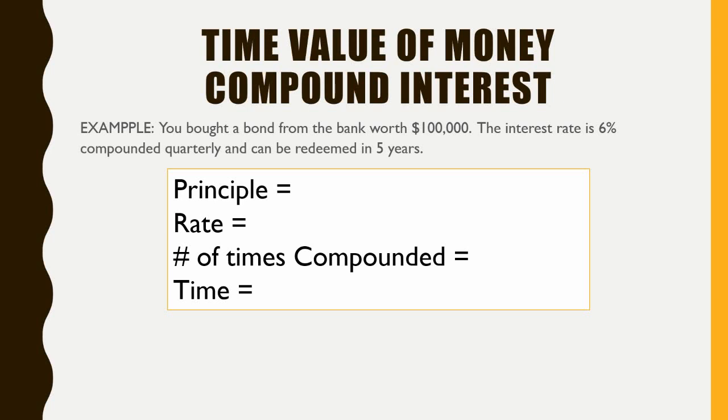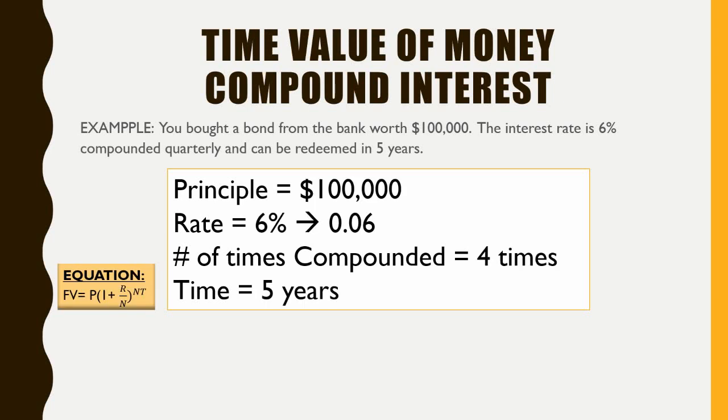If I'm being compounded quarterly, how many times is that a year? 4, right? Quarters of a year, quarterly. Therefore, you're going to get compounded 4 times. And then, of course, it's redeemable in 5 years. So there you go. Now we need to plug it into this formula here for my future value.